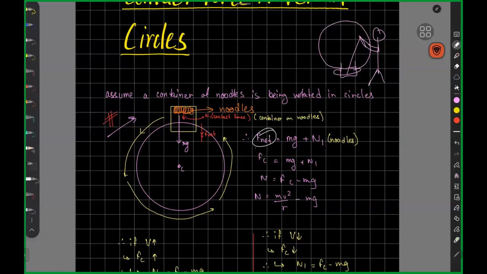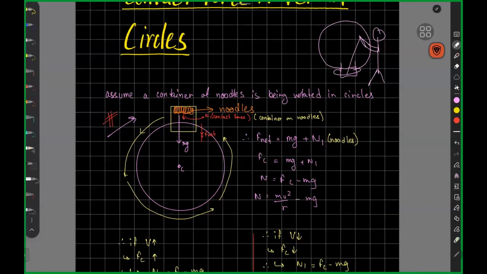So the net force on my noodles is going to be what? The weight of itself, mg, plus what? The normal reaction force, N. What is this normal reaction force, my friend? The force that the container applies on the noodles, the red arrow.